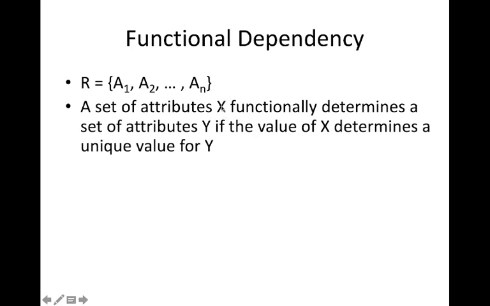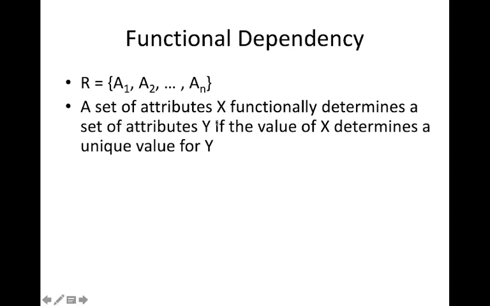So X means it is a set of attributes. X may not be a single attribute. Then capital A, B, C, D, the initial letters, are used to denote single attributes. Then in order to denote relations or tables, we will be using P, Q, R, S, like that.